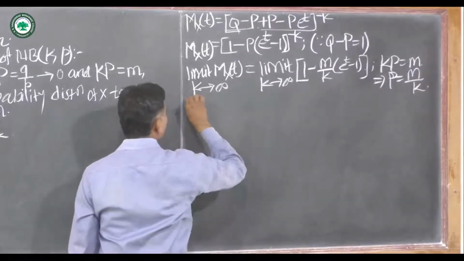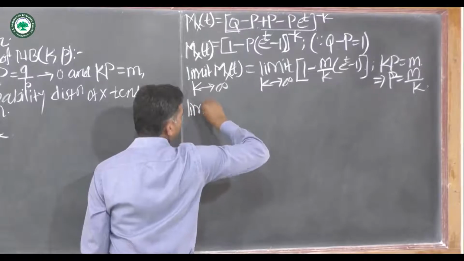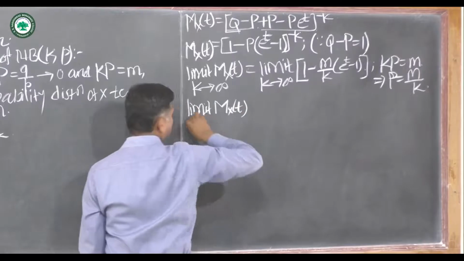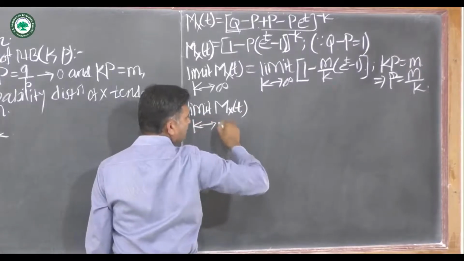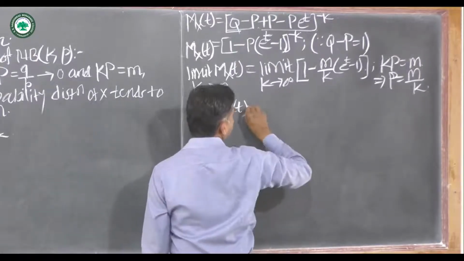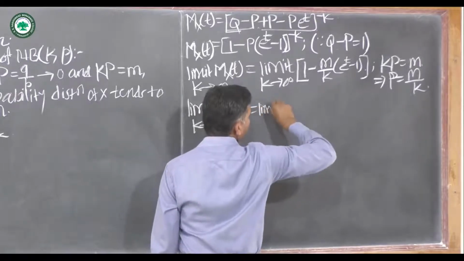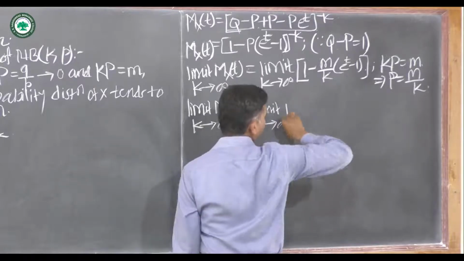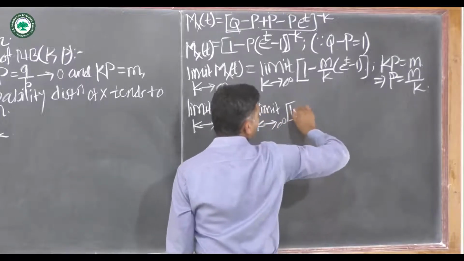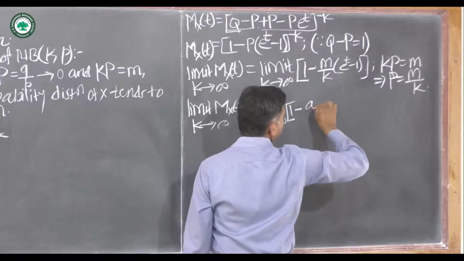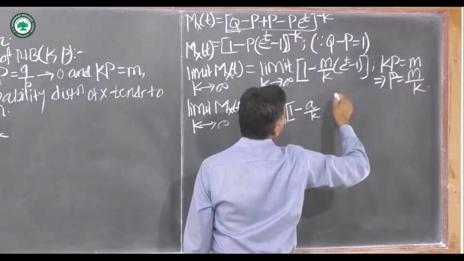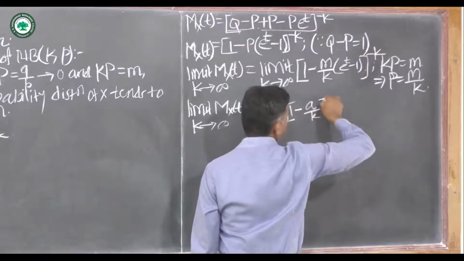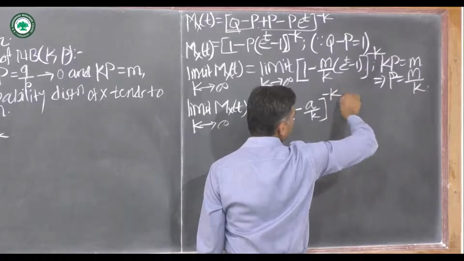So the limit of M_X(t) as k tends to infinity is equal to the limit as k tends to infinity of (1 minus a upon k) raised to minus k.